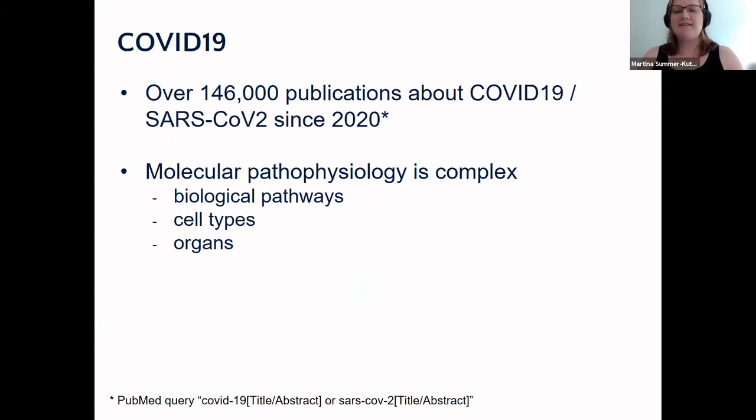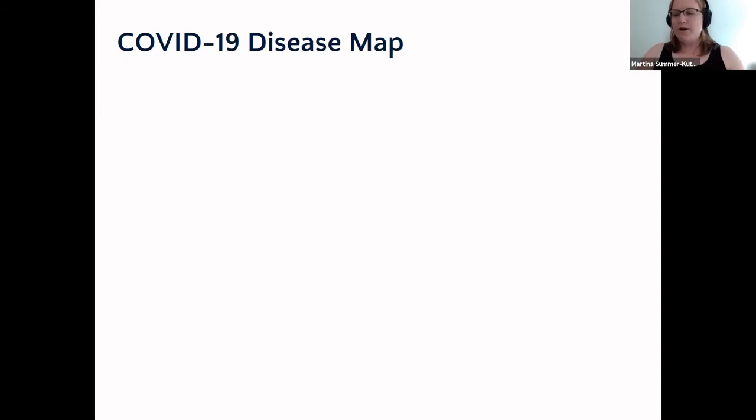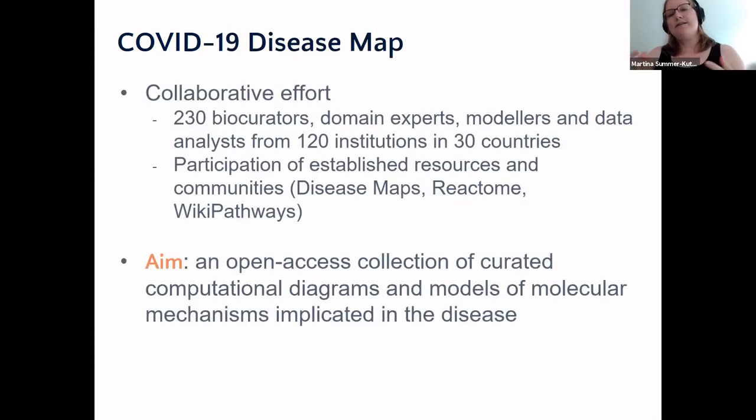And the molecular pathophysiology of the virus infection is really complex. So there are many biological pathways involved with different cell types and organs that are affected. So it's a really systemic response. And so what the disease map project started was a collaborative effort. I've been in the pathway field for a long time, and we had these smaller collaborations with different databases together and so on.